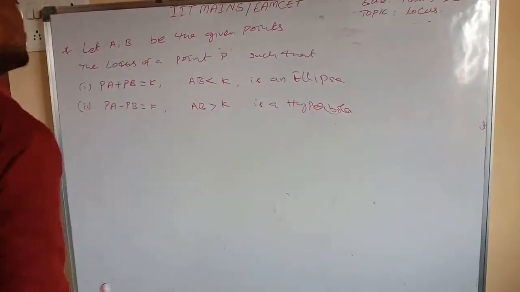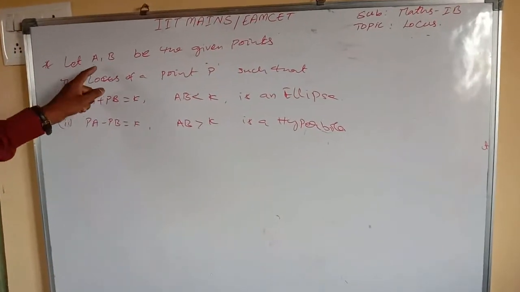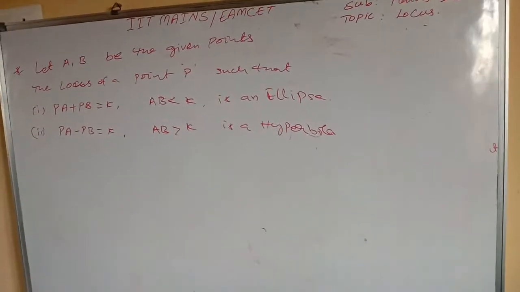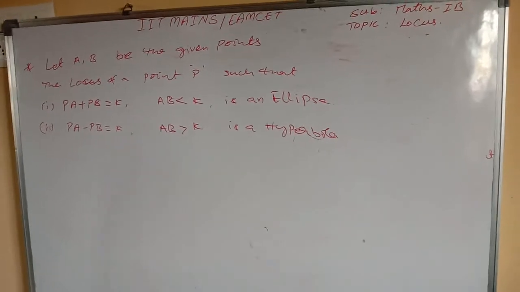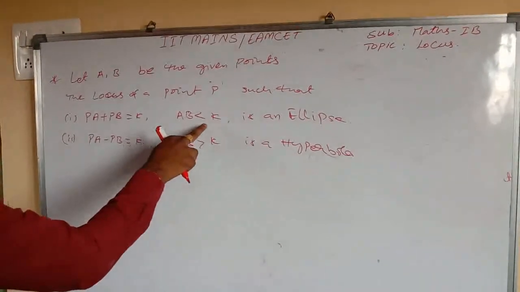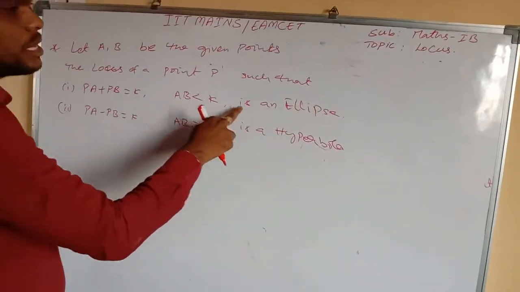Now once I repeat, let A, B be the two given points, then the locus of P such that PA plus PB is equal to K, where AB is less than K, is an ellipse.